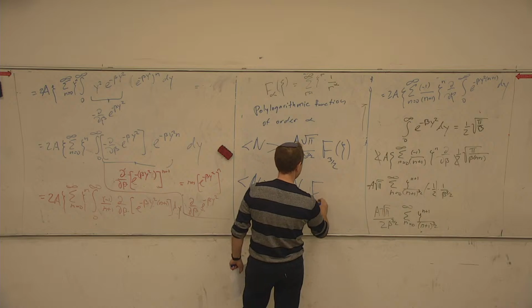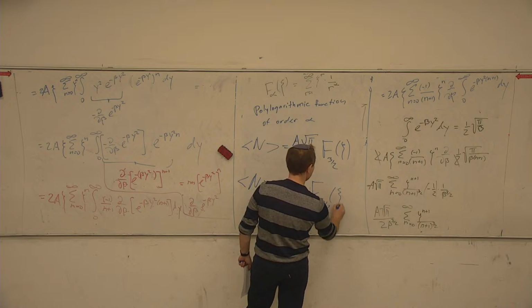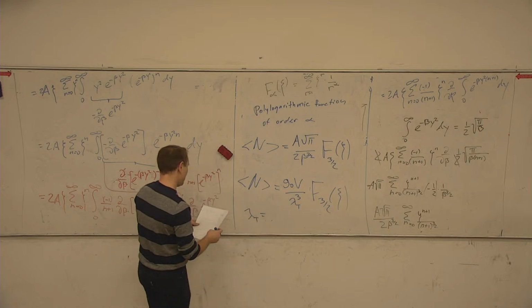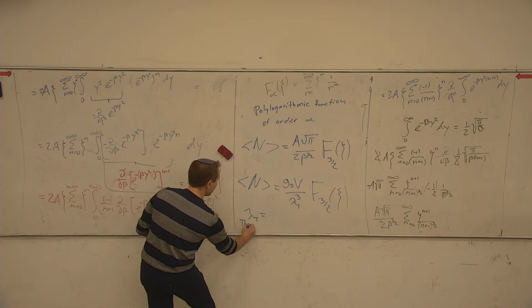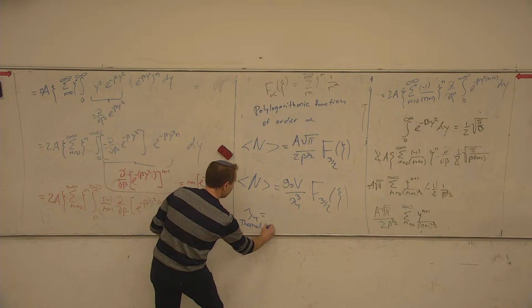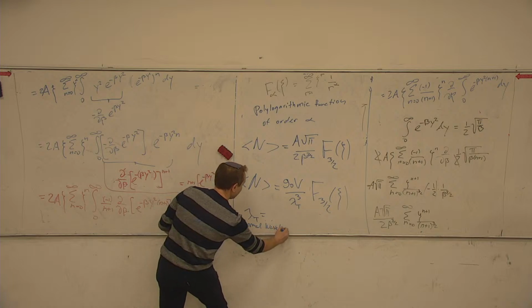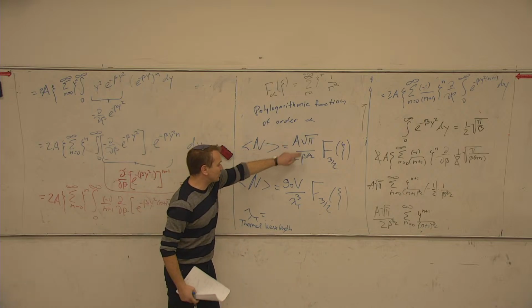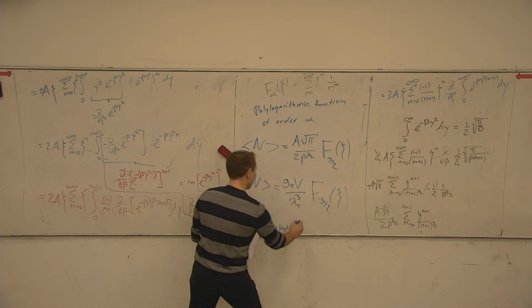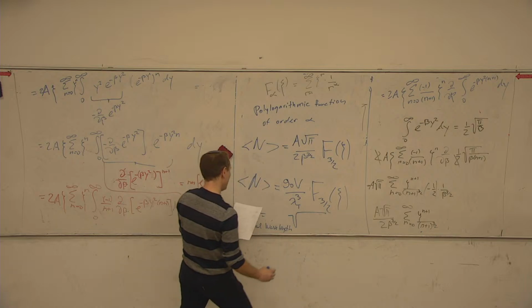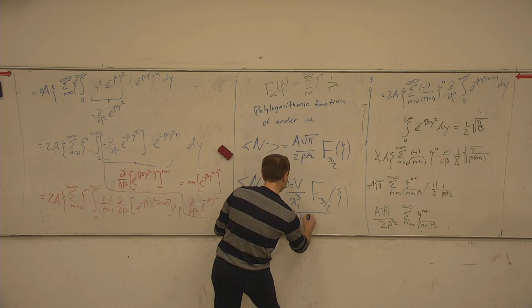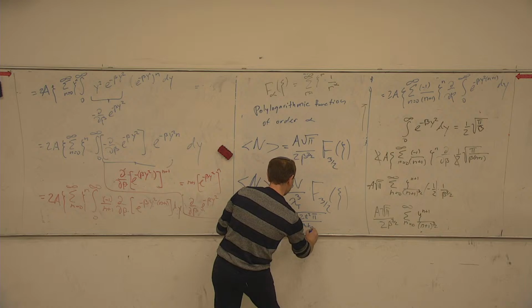And here we have f 3/2 of the fugacity, and lambda T, which is also called the thermal wavelength, is just simply whatever is left from A and square root of pi, etc. So it is the square root of 2 h bar squared pi divided by m k Boltzmann T.